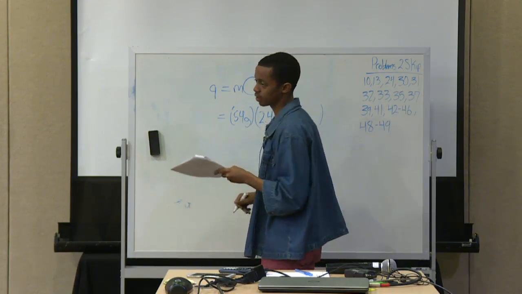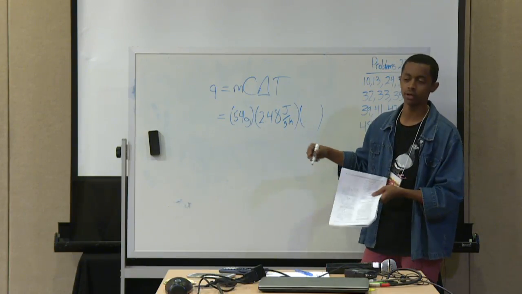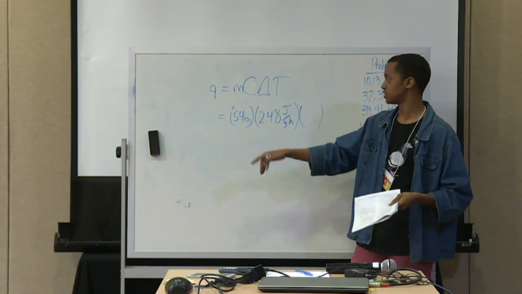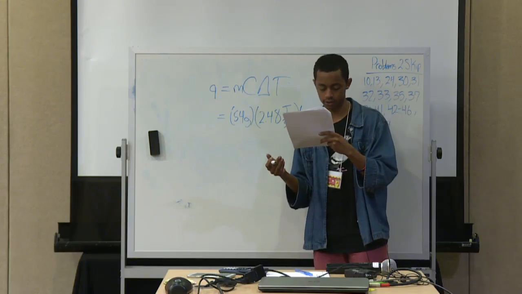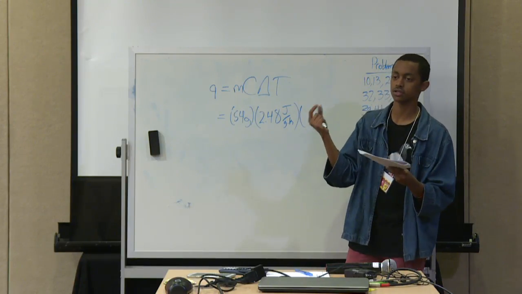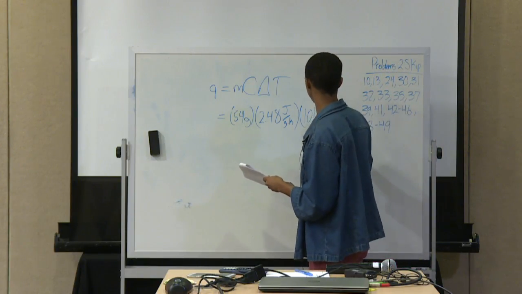If you want to change that to Kelvin, you're going to have to change that to Kelvin since the specific heat value has Kelvin. But even if you change it to Kelvin, the difference is still going to be the same, right? If I add 273 to 10 and also add 273 to 25 and 273 to 35 and subtract both those two, the difference is still the same. Does that make sense? So this is just 10K.